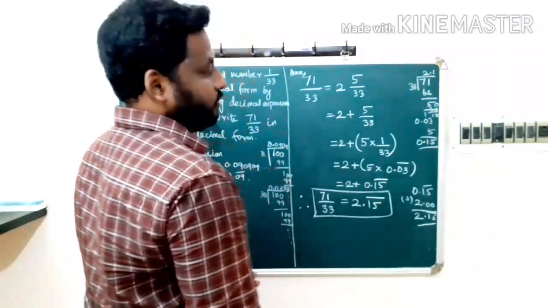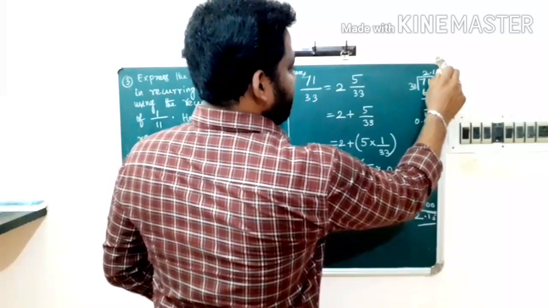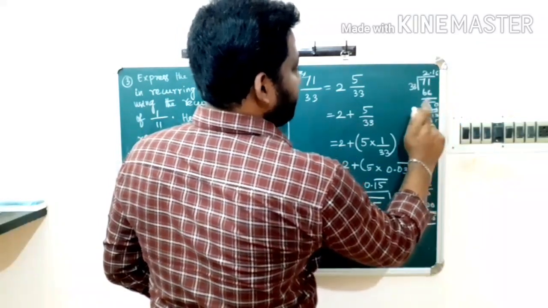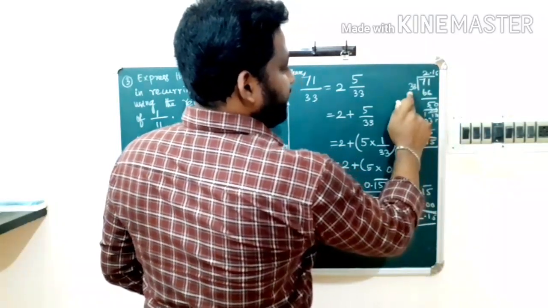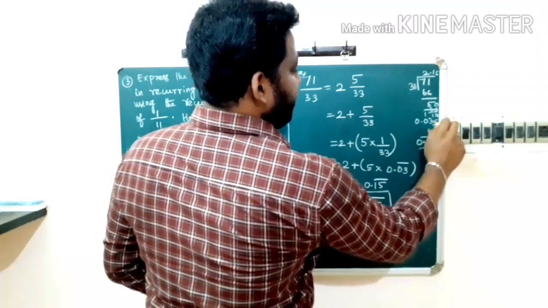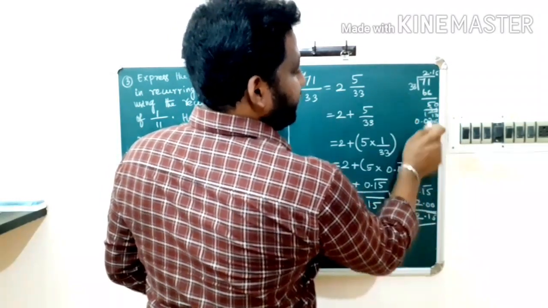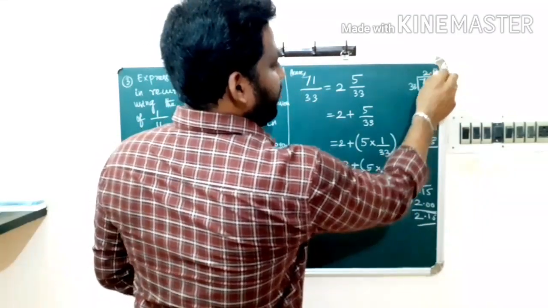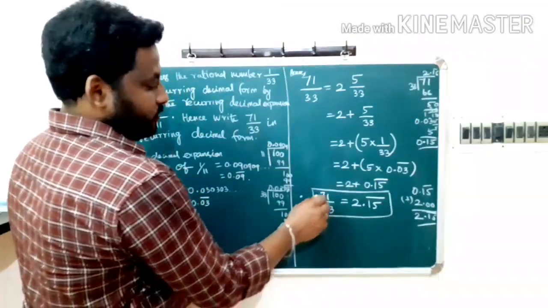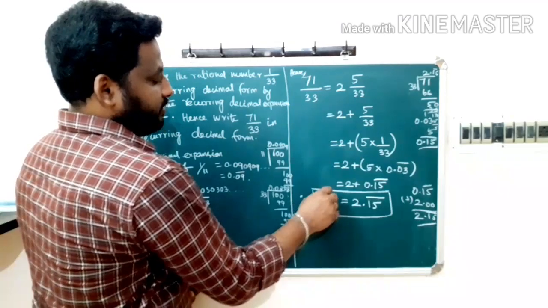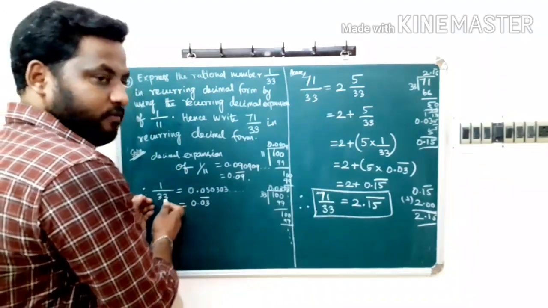Again add 0: 5 3s are 15, remaining 1, 16, so 165. Again you get 5, so 50. So 1 5 is repeating.